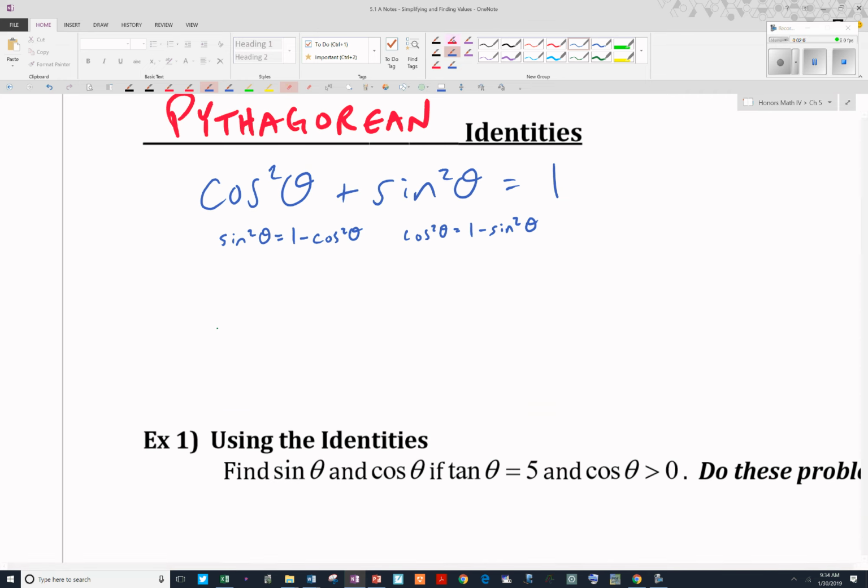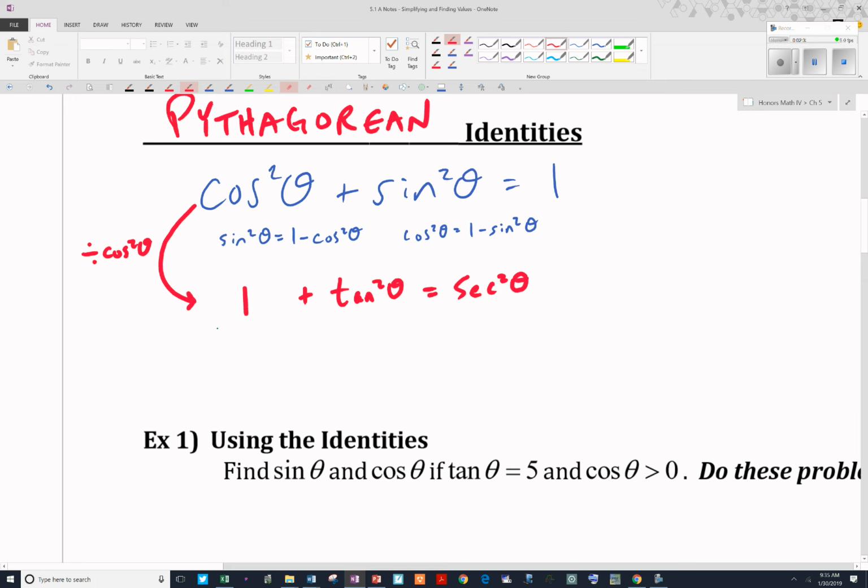Then we're going to come up with two other Pythagorean identities that can easily be found by manipulating the first one. We're going to first divide that entire identity by cosine squared. If you divide each of those terms by cosine squared, what we get are 1 plus tangent squared equals, and then 1 over cosine squared would be secant squared.